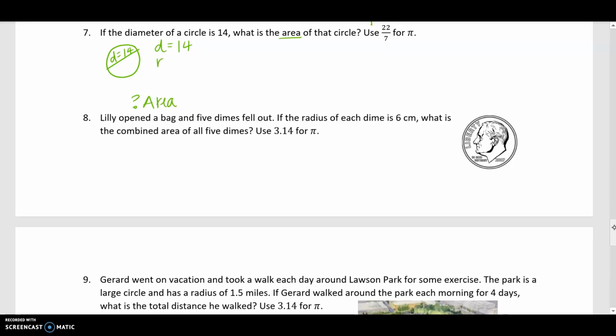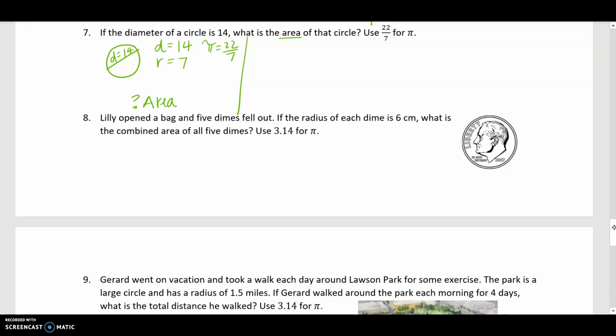which means I'm going to need the radius. So the radius is 7. And let's see, pi is 22 over 7. So since I'm doing the area of a circle, well, there's only one formula for area of a circle.